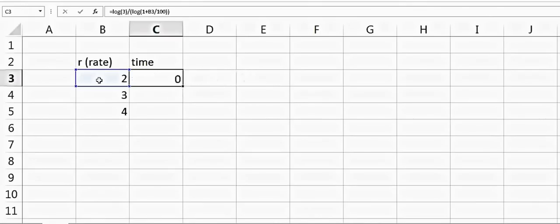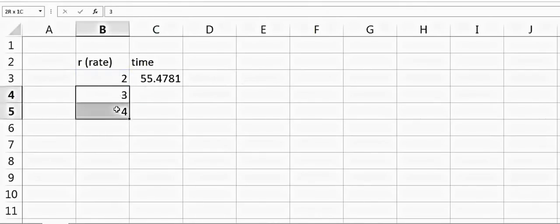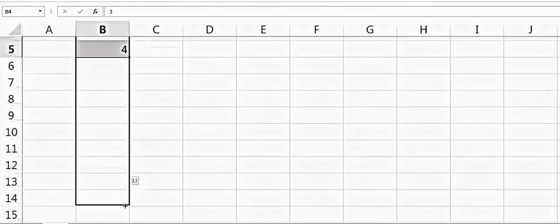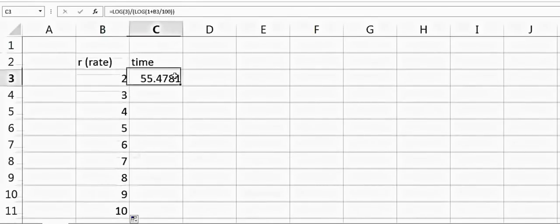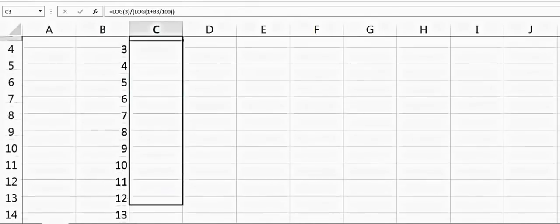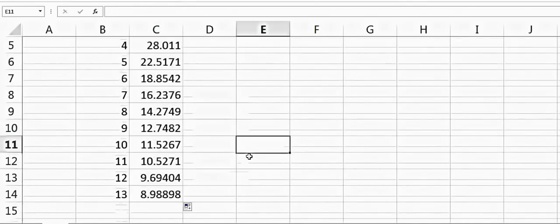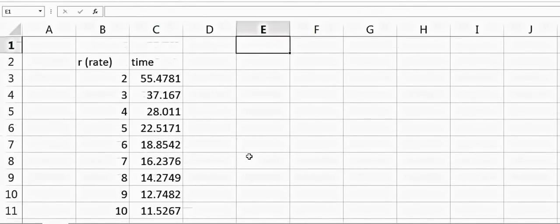So this should be our time. Now we can keep extending this rate to suppose 13%, and we can calculate the time for the investment to be three times for all these years. So that's how we get the time.